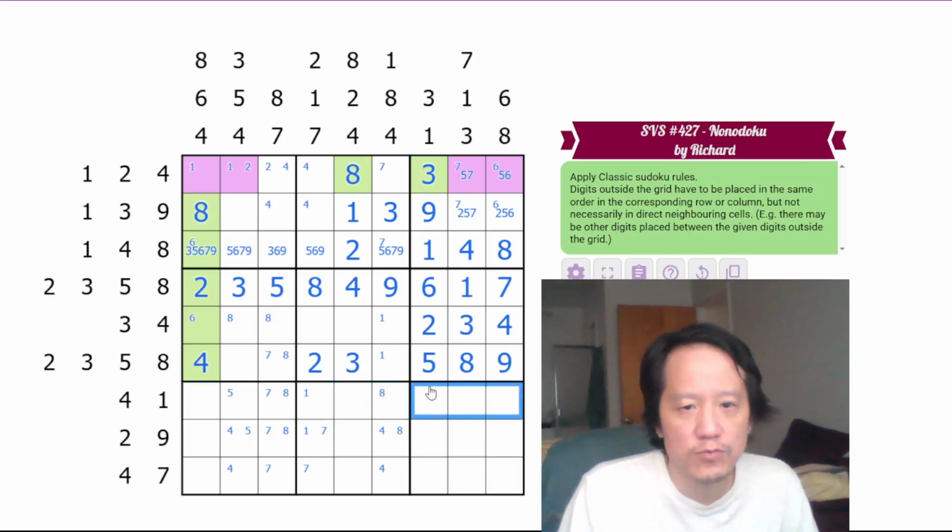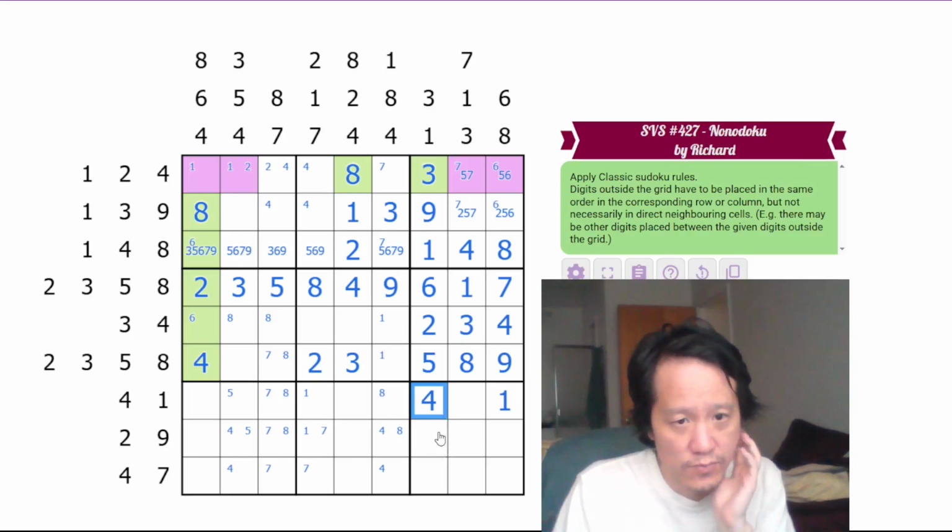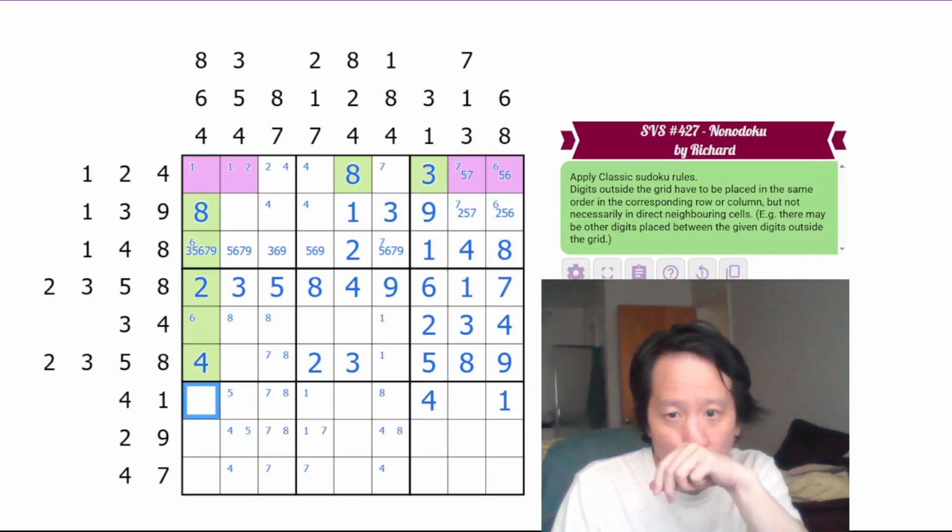Therefore, we need a 4 and a 1 here. 1 can't be here, 1 can't be here, so this must be 1. 4 can't be here, so 4 must be here. So this is done now, too.